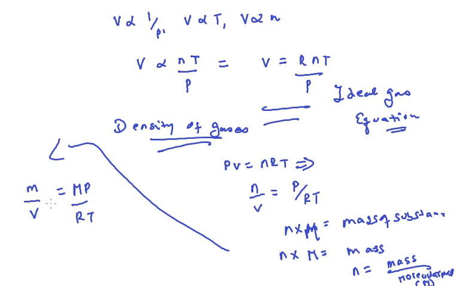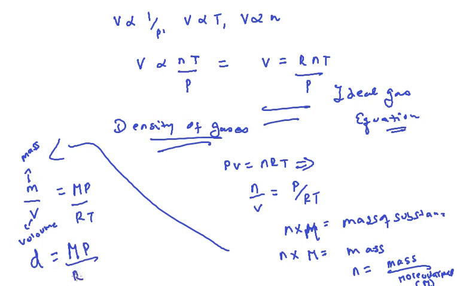So now here is the thing, M over V. What does that tell you? M refers to mass, V refers to volume. So basically, if you have the ratio of mass over volume, it's density. So the density of the gas can be calculated as the molecular mass of the gas times the pressure over R, which is a proportionality constant value.